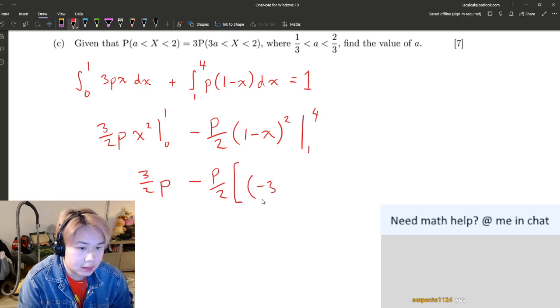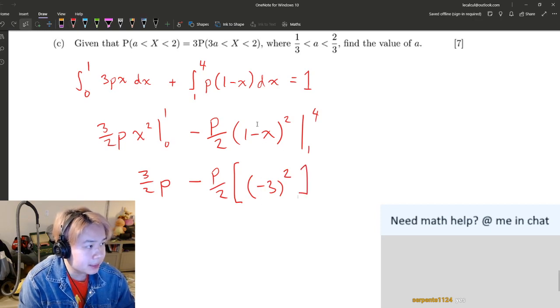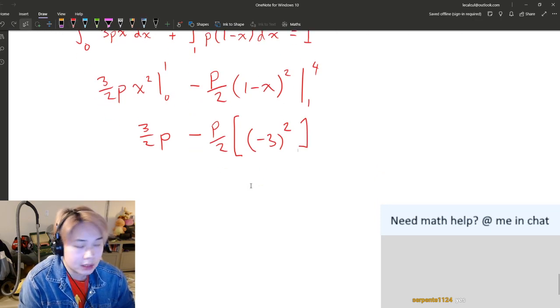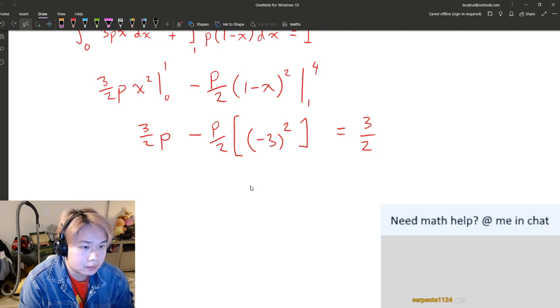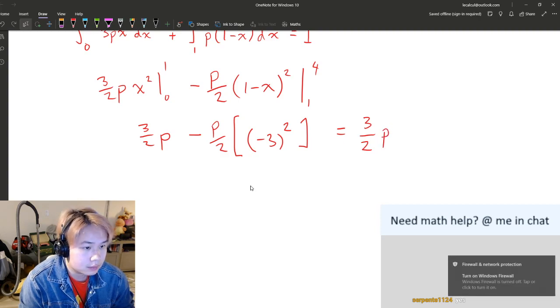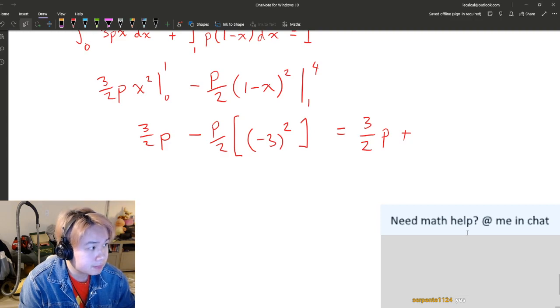so negative 3 squared. And then if I plug in 1, this is 0, so I don't need to do that part. So what is this, 9?